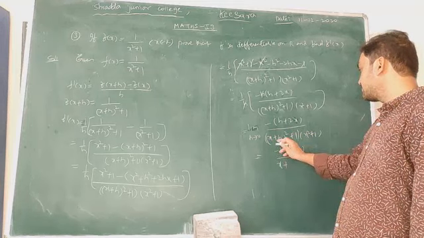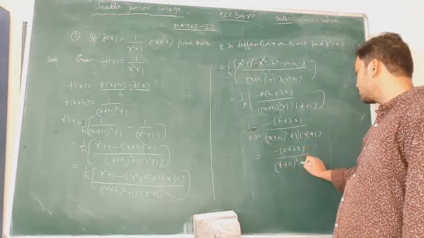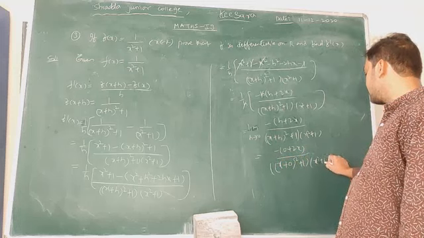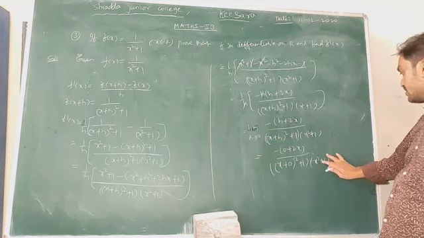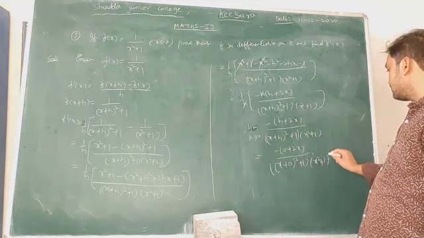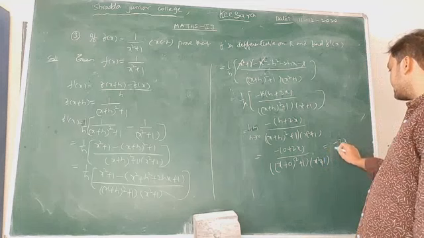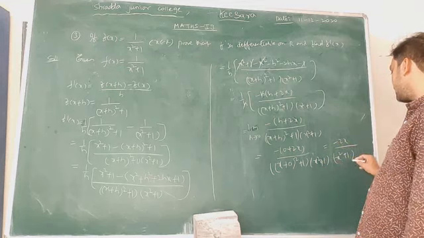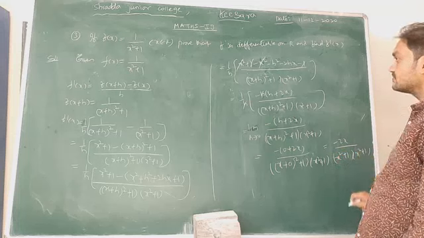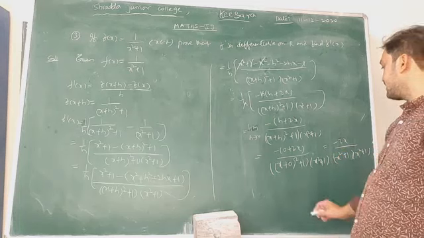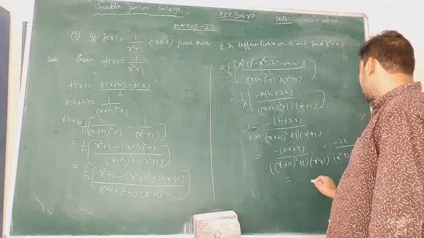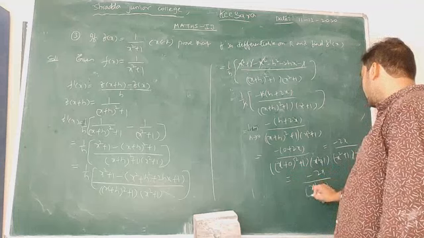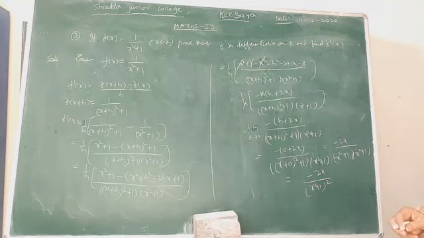Now here x plus, what is h here? 0 whole square plus 1 into x square plus 1. See now, this is equal to minus 2x by x square plus 1 into x square plus 1. Now here, how we can write this is equal to minus 2x by x square plus 1 whole square.